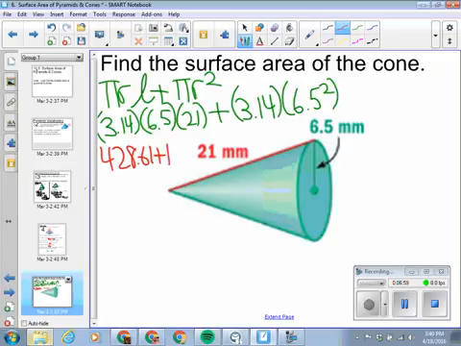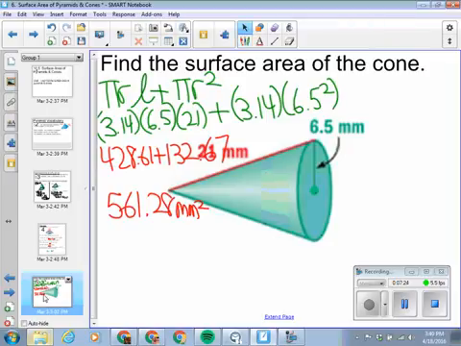I'm going to go ahead and round this off to the nearest hundredth. And then just add that to the first part, for a final answer of 561.28 millimeters squared.